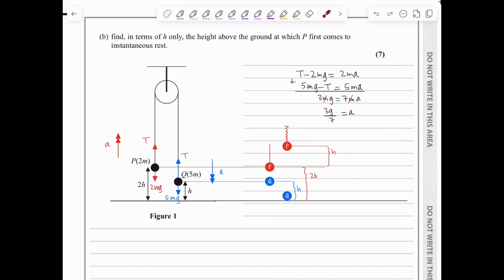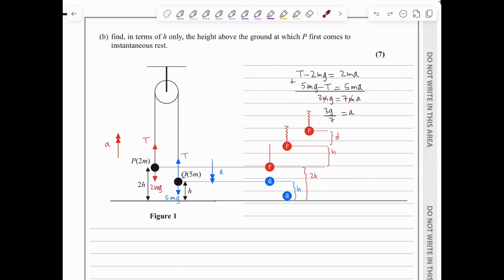And then we've got movement under gravity, as P makes a final jump, reaching its maximum, at which point the velocity will be 0. So we're trying to find this extra distance d, so that the maximum height that P will attain above ground will be the 2h plus the h plus the d.